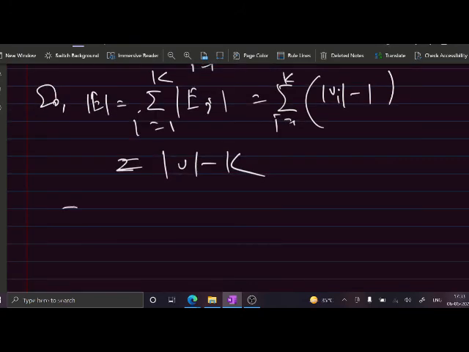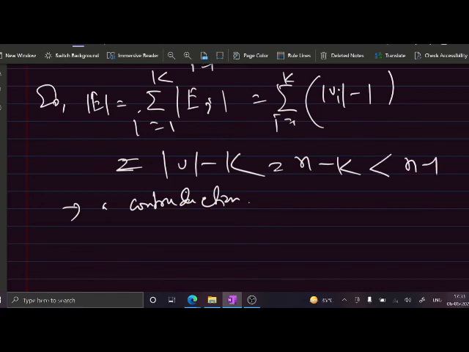So this is a contradiction, because this is n minus k, which is strictly less than n minus 1, but you have already assumed that the number of edges must be n minus 1.